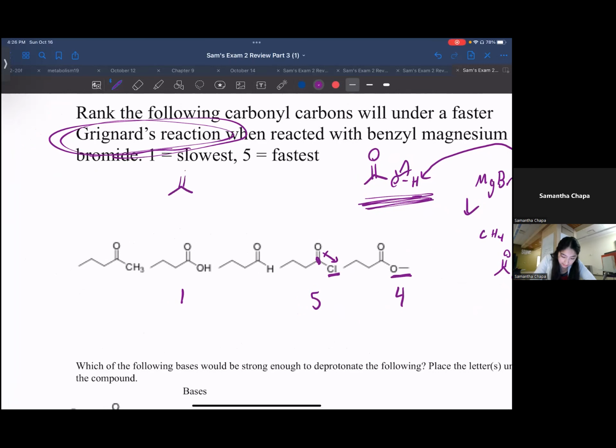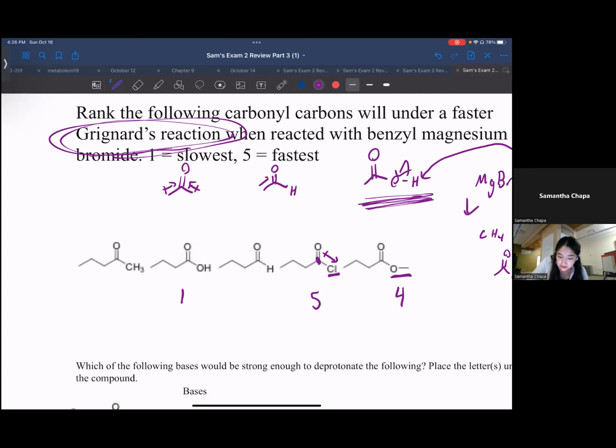So we have a plain ketone right here, and we have an aldehyde as our second option. Grignard's reagents like to attack very electrophilic carbonyl carbons. So here we're going to be looking at the 2 substituents on our carbonyl group. So we have 2 carbons right here donating electron density through the inductive effect, right?